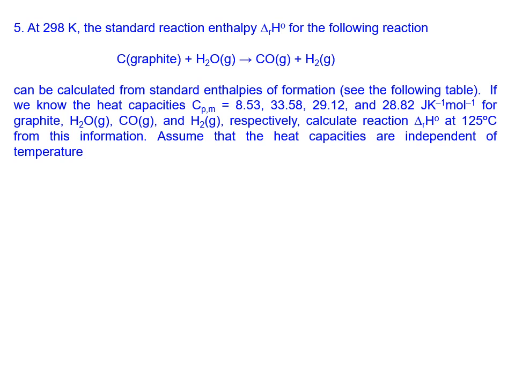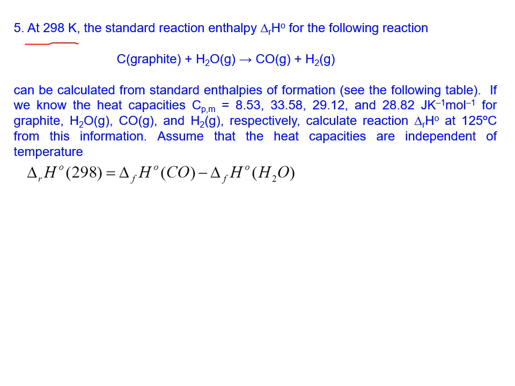In question 5, at 298 Kelvin, the standard reaction enthalpy for the following reaction can be calculated from standard enthalpy of formation. If we know the heat capacities for the reactants and the product, calculate the reaction enthalpy at 125 Celsius. So first, let's calculate the reaction enthalpy at 298 Kelvin using the standard enthalpy of formation.